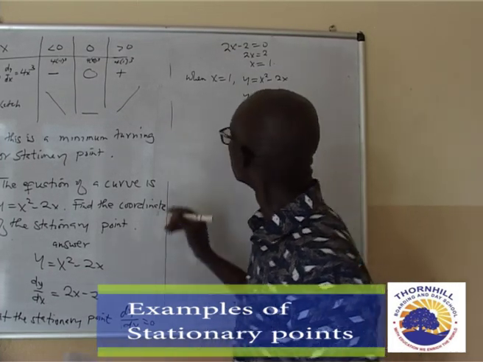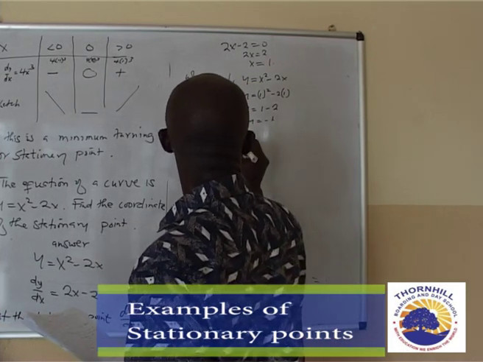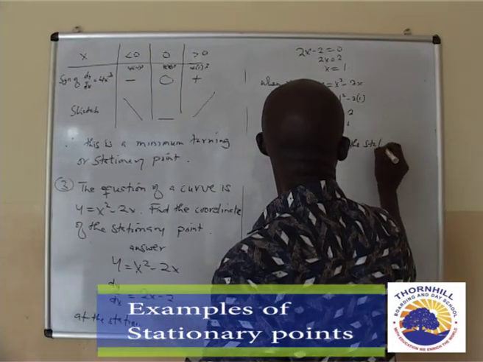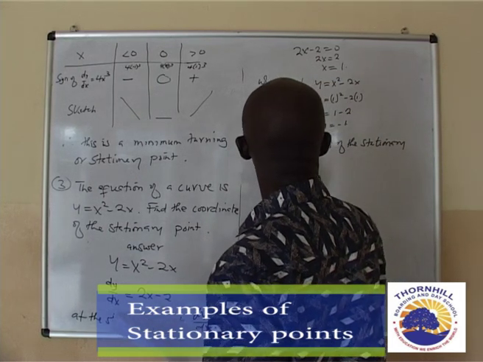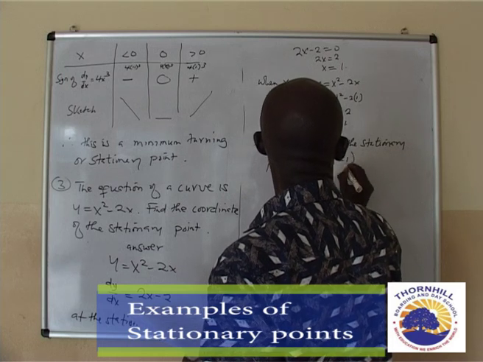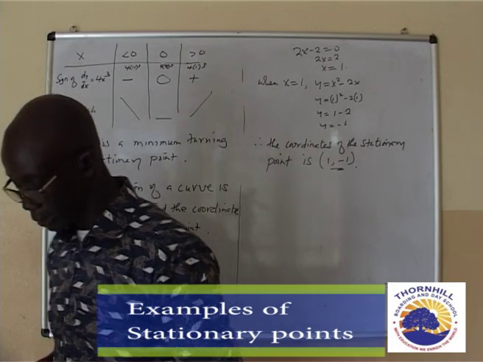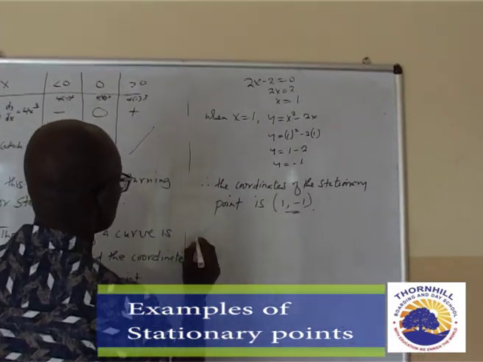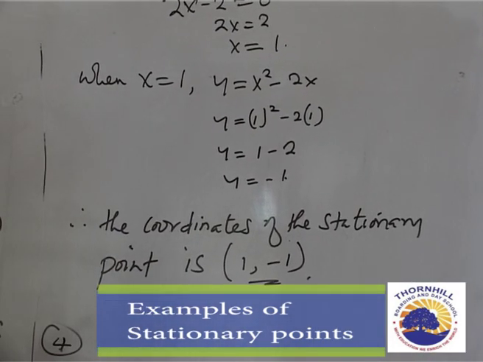So the coordinates of the stationary point is 1, negative 1. You are done. As simple as that. Let's look at another example on coordinates.